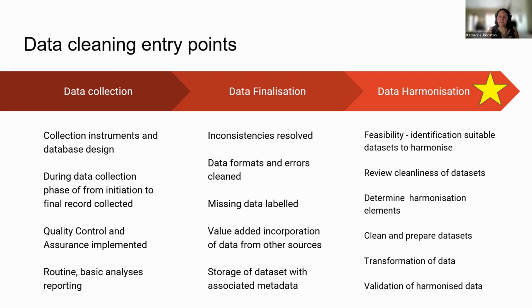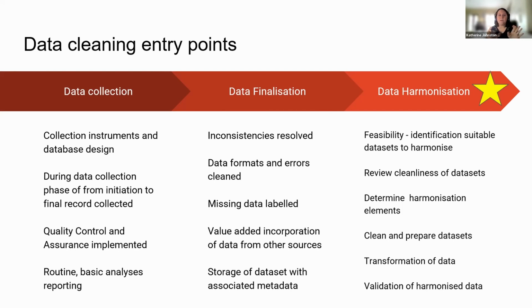Then there's a kind of data finalization stage. So if you're at the end of your project and you've finished collecting from your last participant, if we're talking about phenotype data, you may then go to addressing some inconsistencies and resolving them, cleaning up your data and formatting errors in it. You may label your missing data more appropriately, add in data from additional sources, and then think about how you're going to store your data set with any associated metadata.